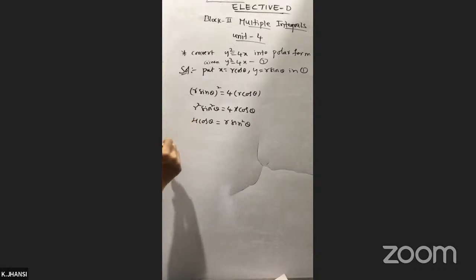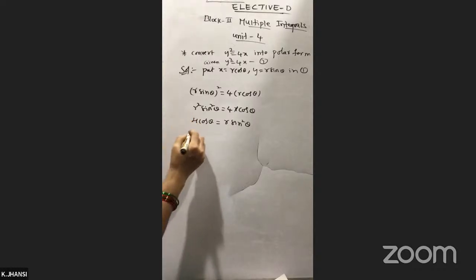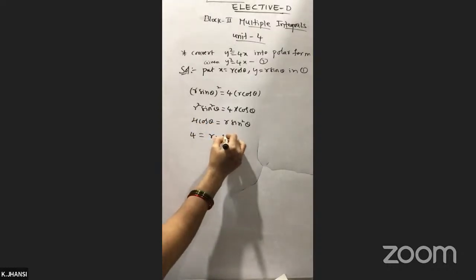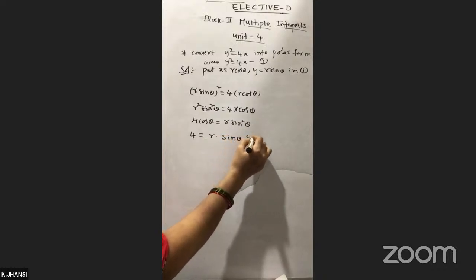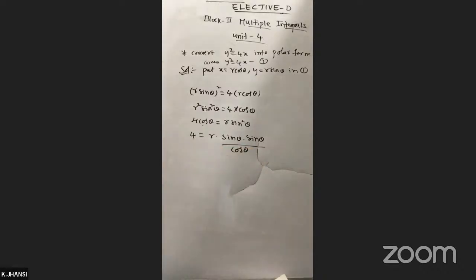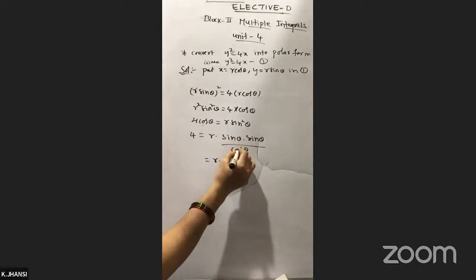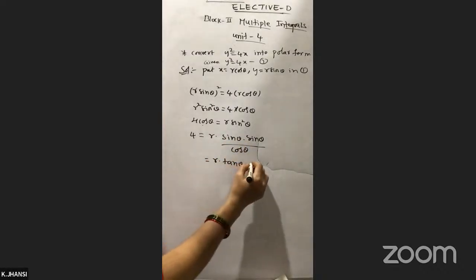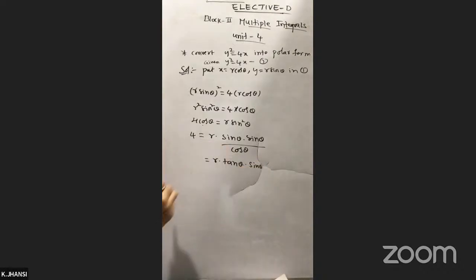We can write it as 4 equals r into sine square, that is sine theta into sine theta by cos theta. So sine by cos means you will get tan theta into sine theta. So 4 equals r into tan theta into sin theta.